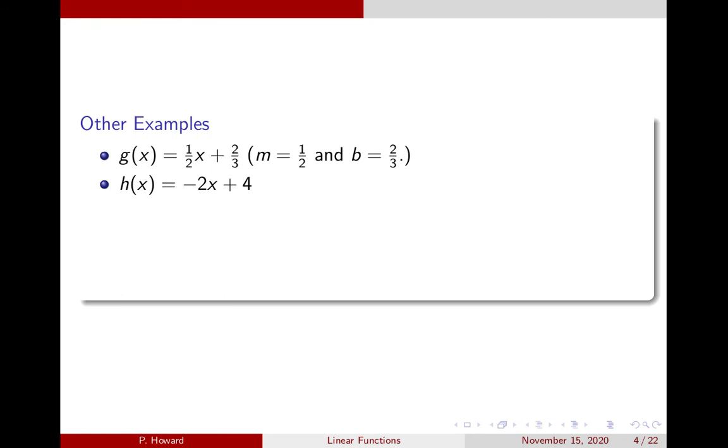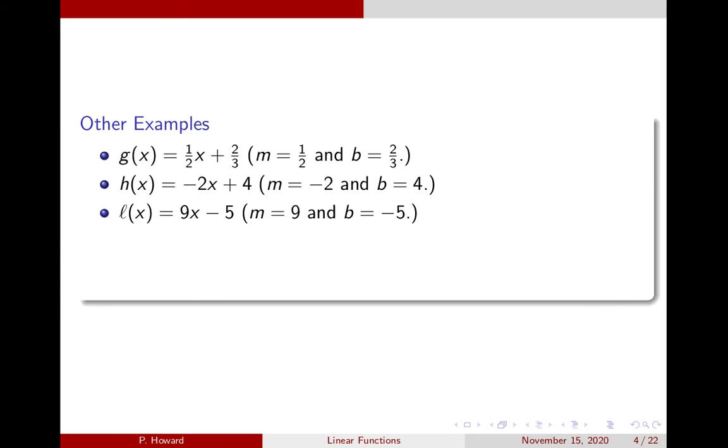Here the number m is minus 2, and the number b is 4. And finally, L of x, 9x minus 5. Here the number m, the multiplier for x, is 9, and the b is minus 5.